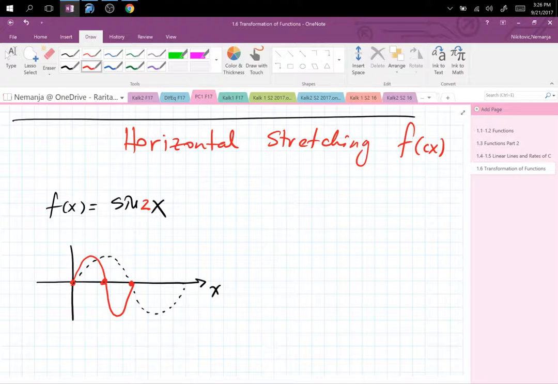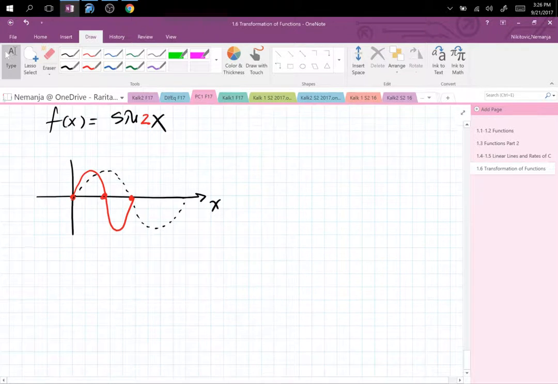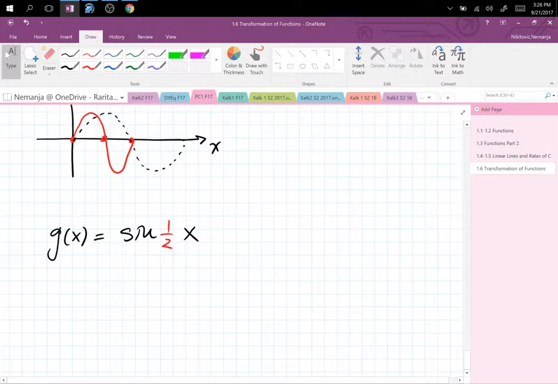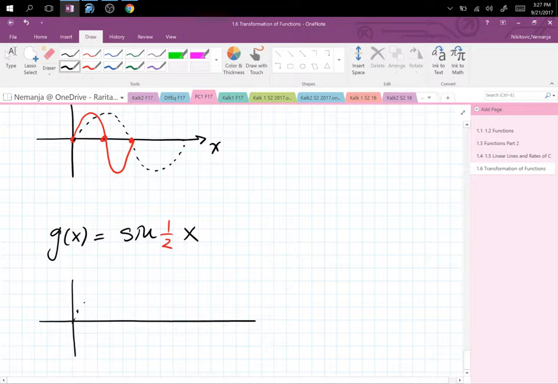So let's take a look at the function g of x, which has sine of 1/2 x. In this case, you are looking into doubling the period.